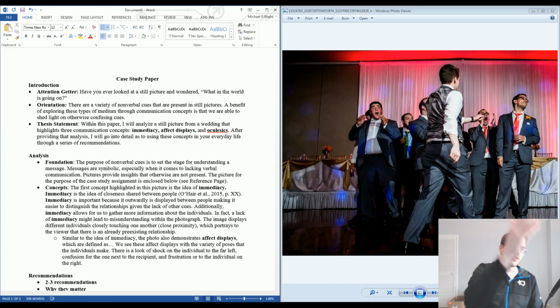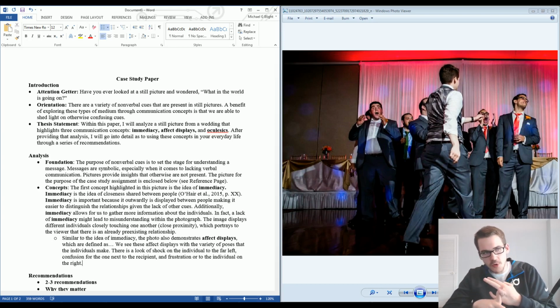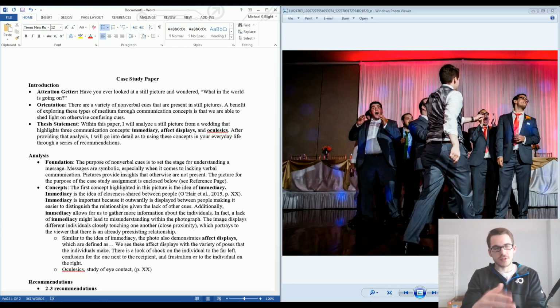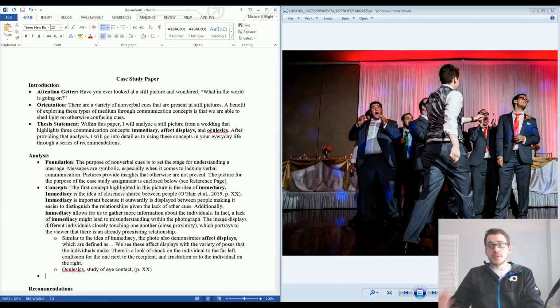Go into detail, follow the same path as immediacy. What's the definition of it? Where do we see it in the picture, and why is it important? We do the same thing then with oculesics, study of eye contact, page XX, whatever it is, so on and so forth, and rinse and repeat.